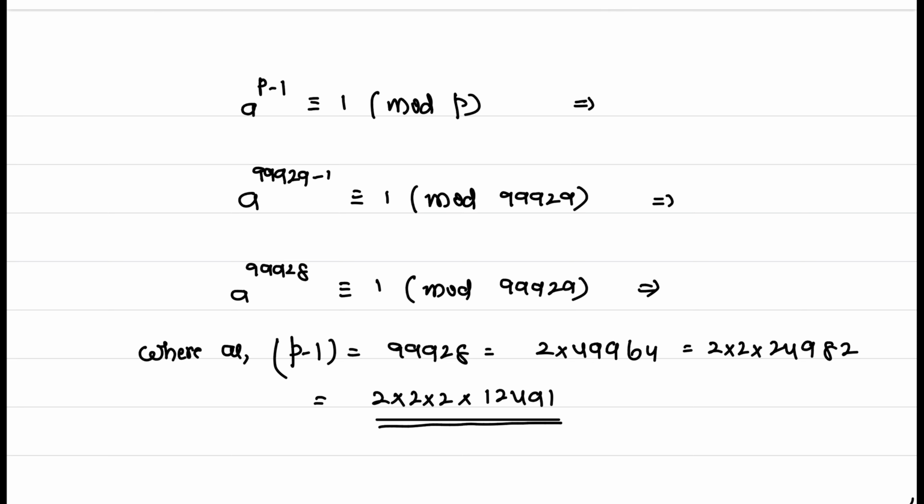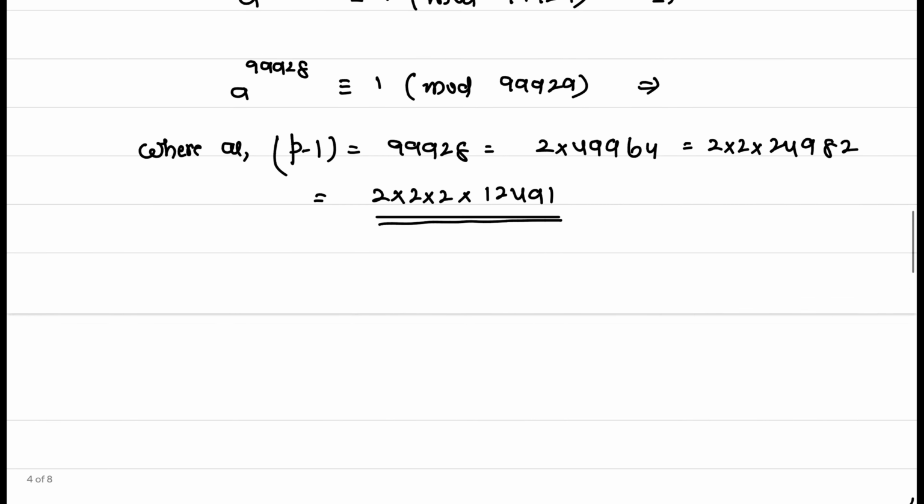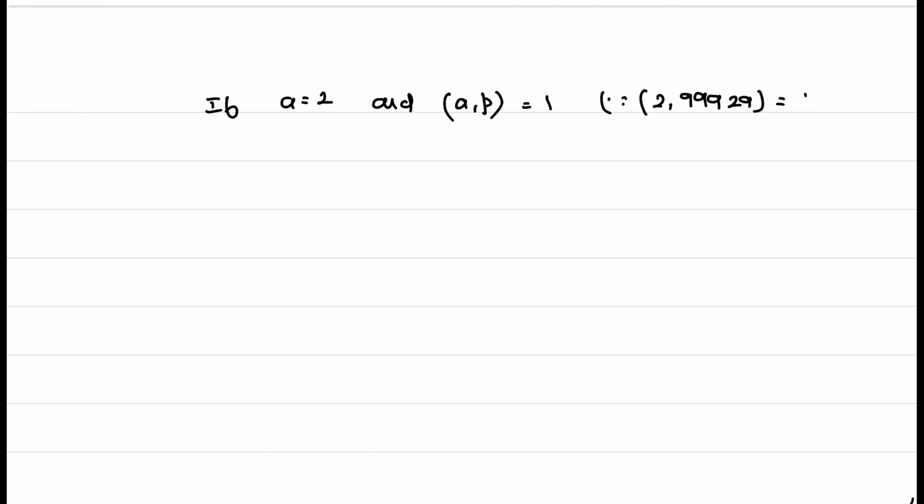Here, let us take the smallest prime factor 2. If a is equal to 2, the GCD of a and p is equal to 1, because GCD of 2 and 99929 is equal to 1.